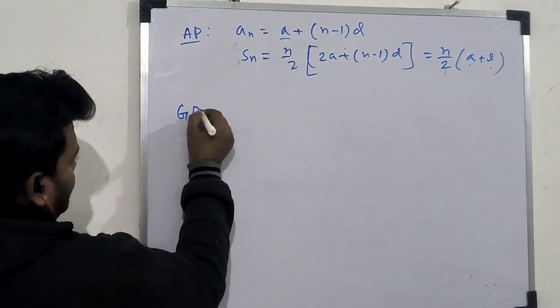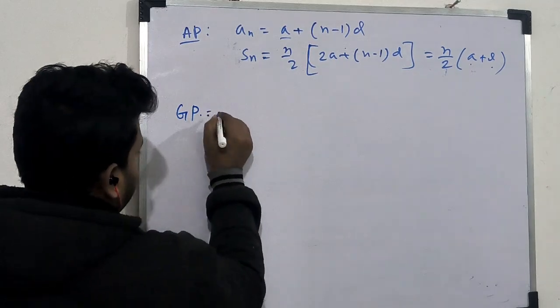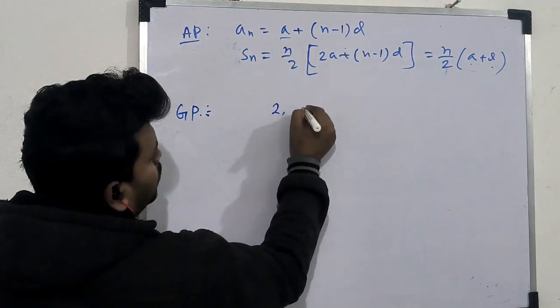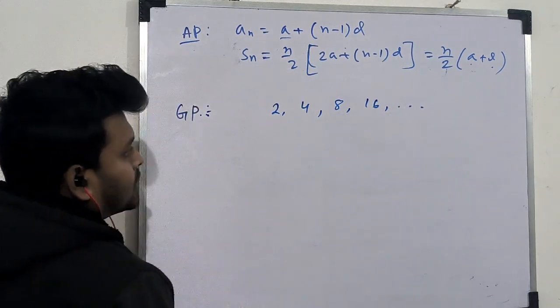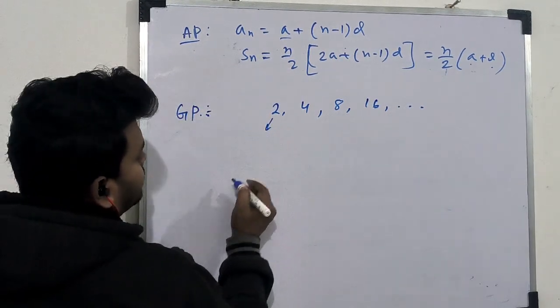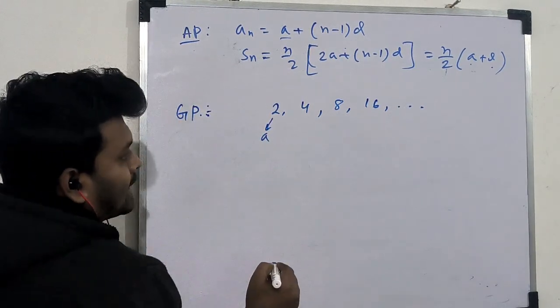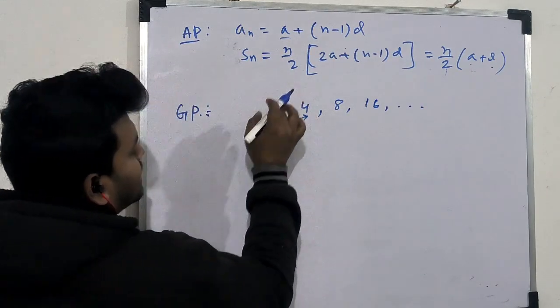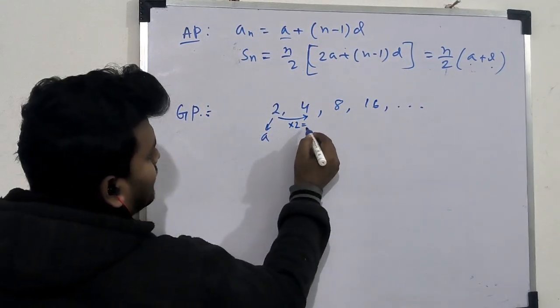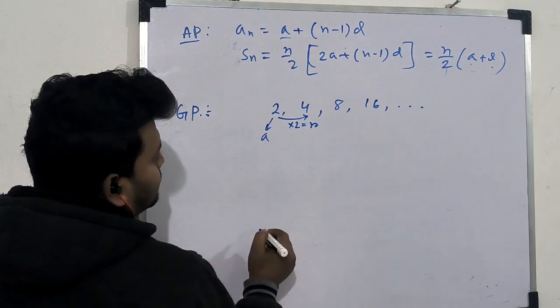And in GP, we see 2, 4, 8, 16, these are the terms. If this is the first term, let us denote it by a, and we get 4 by multiplying 2 with this first term. So let us take the common ratio as r.